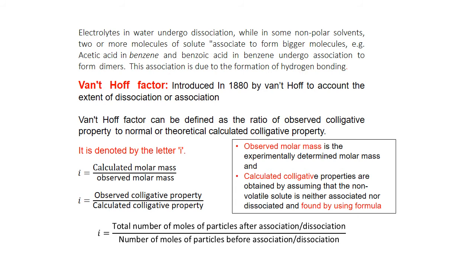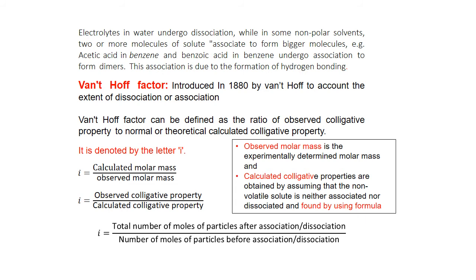Observed molecular mass is that which is obtained experimentally, and calculated molecular mass is that which is actual as per the formula.